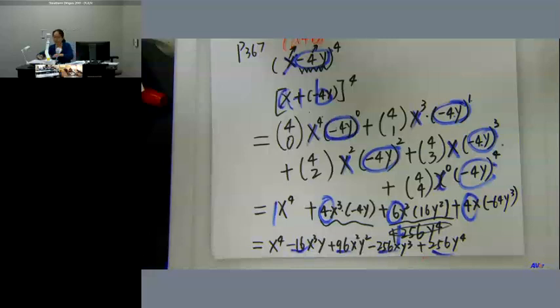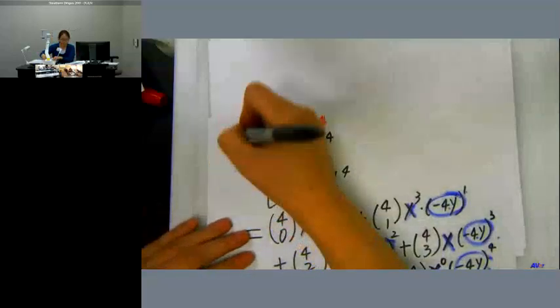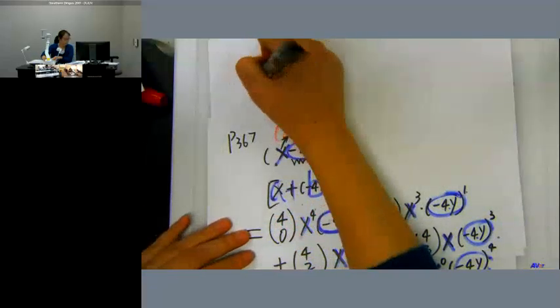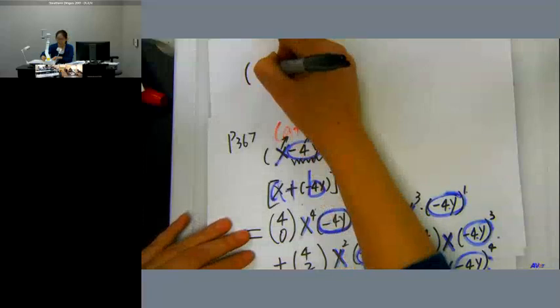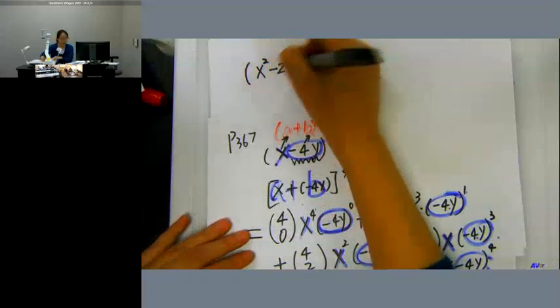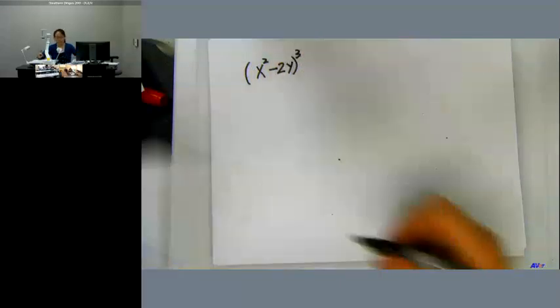So we may have a square in the question. We may have x squared minus 2y to the, let's just do the third.